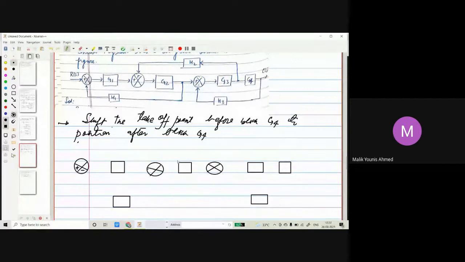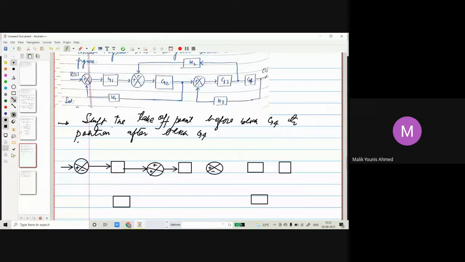Summing point number second is plus plus, you can see above. Summing point number third is plus minus. Okay, so let's talk about the signals now. Signal is here. Signal is here. Signal is here.